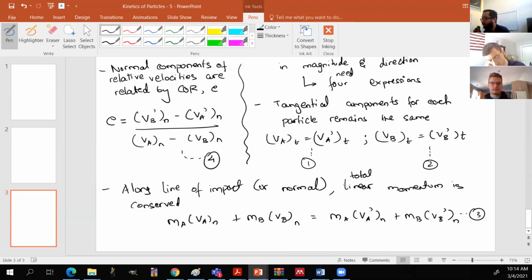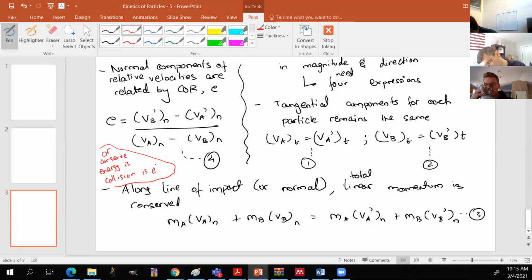Or, and I'm not writing this down, but take note, you guys. All right, you know what? Just write it down. Or conserve energy if the collision is elastic. All right, and that'll give you your fourth expression.